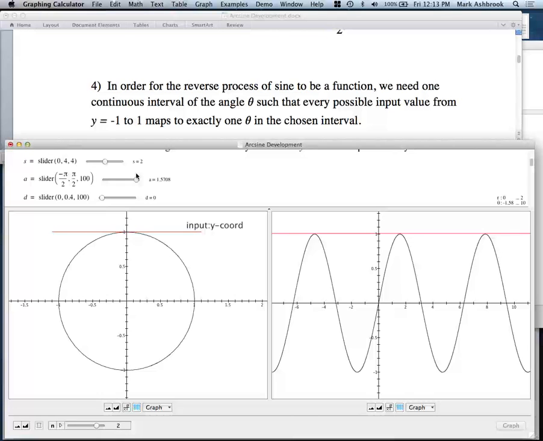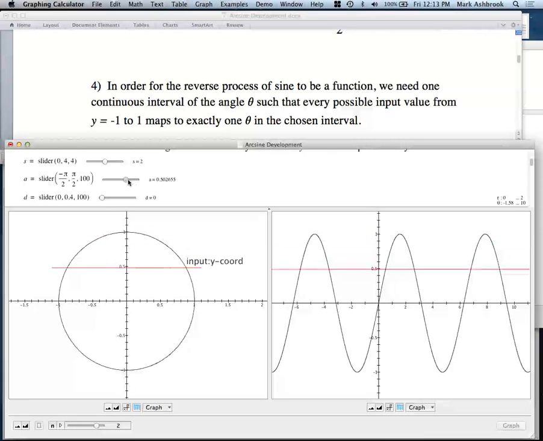So we want to be strategic about picking an interval of angles so that every single vertical distance gets mapped to exactly one angle. So any suggestions? How can we do that? We want to take just a piece of this so that that red line only crosses the graph once and gives us one angle for the given vertical distance.